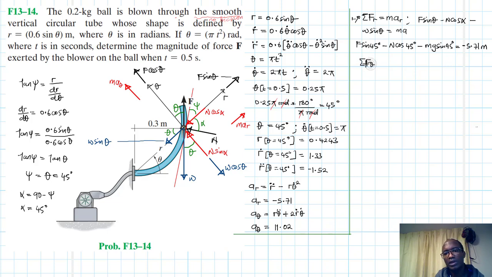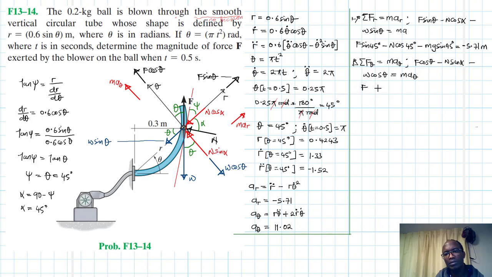Summation of forces in the theta direction, going up being our reference positive, is just equal to m a theta. Okay, so we have F cos theta minus N sine alpha minus W cos theta equal to m a theta.